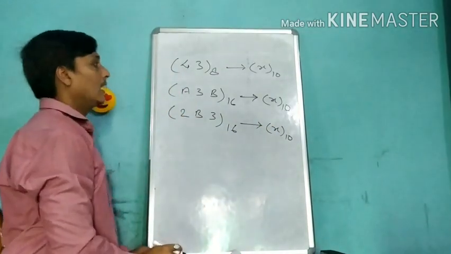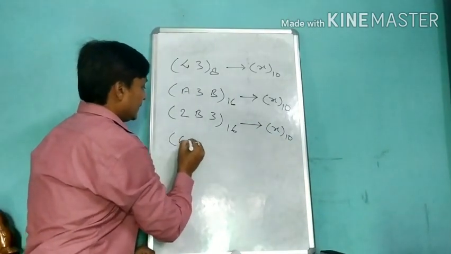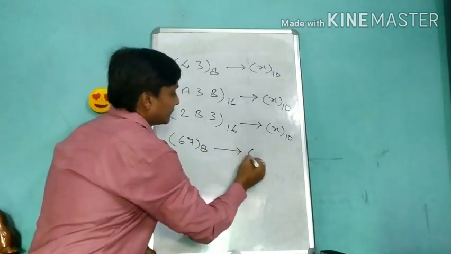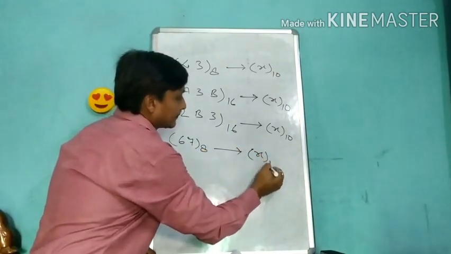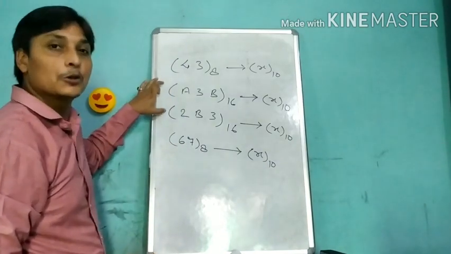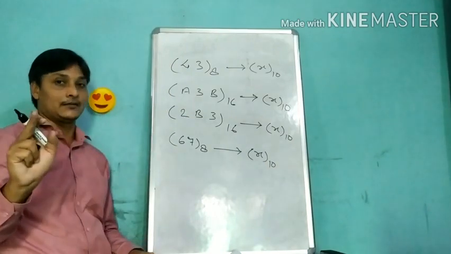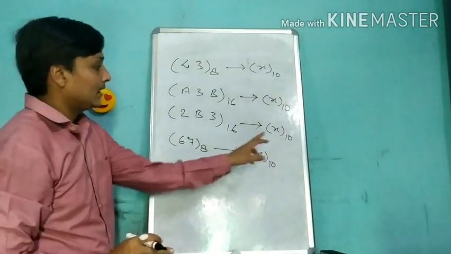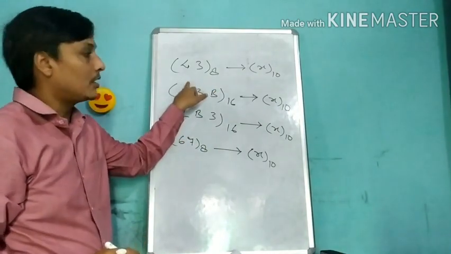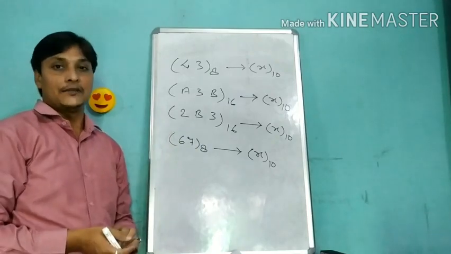Clear? Again, I am going to give one more question on octal. So you will get 2 questions related to octal to decimal and 2 questions related to hexadecimal to decimal. And student, never forget to convert vice versa. You have to convert decimal to octal equivalent also and decimal to hexadecimal equivalent also.